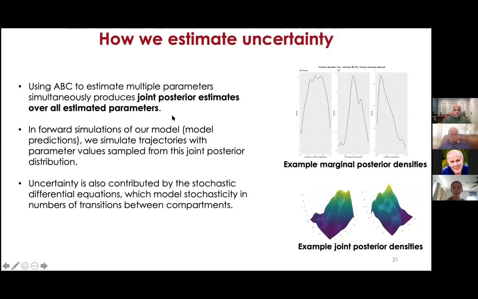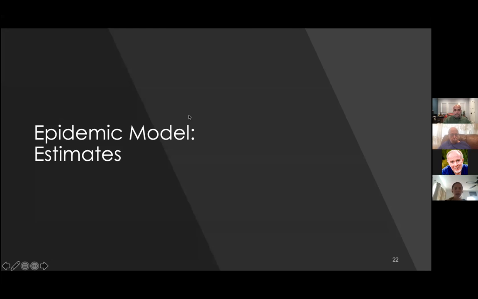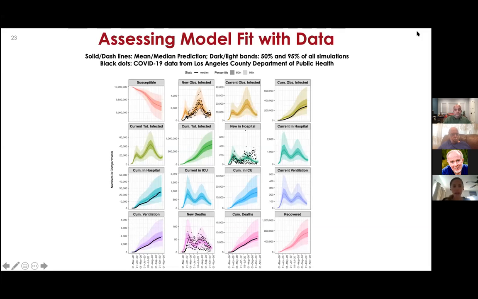All right, next slide. Now we can get to some of the outputs. We're showing data through the beginning of November, and I think you can see we have good model fits in all compartments.